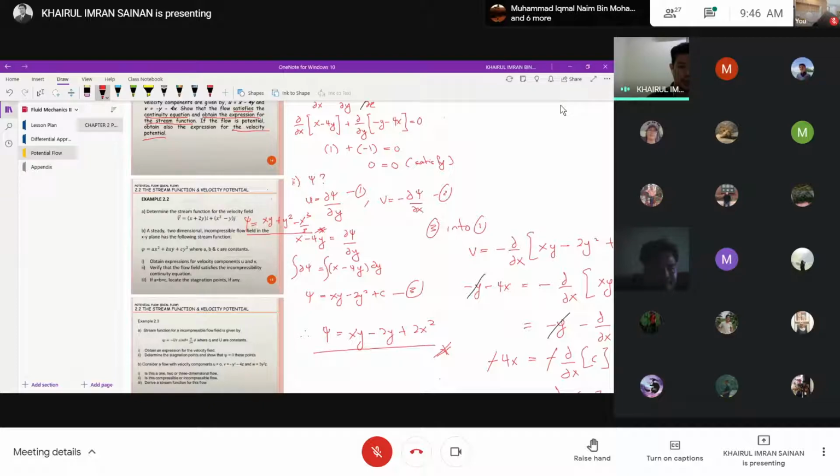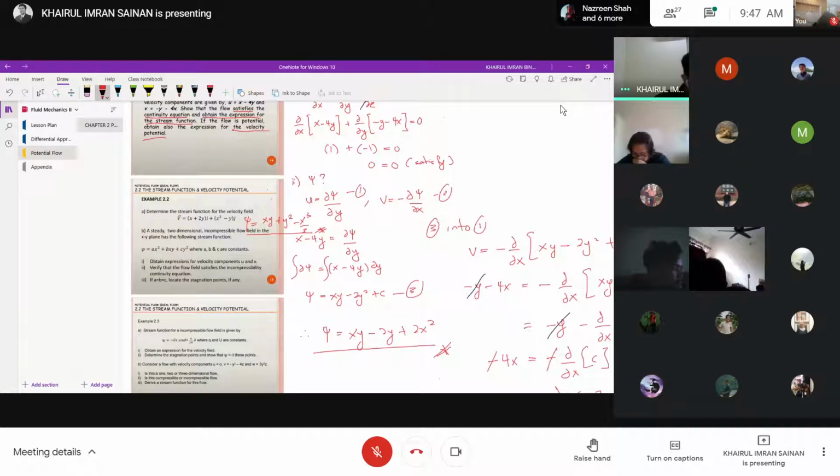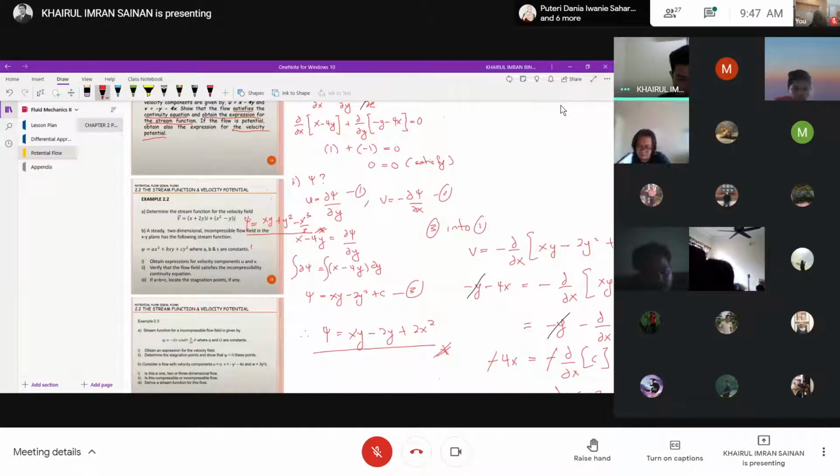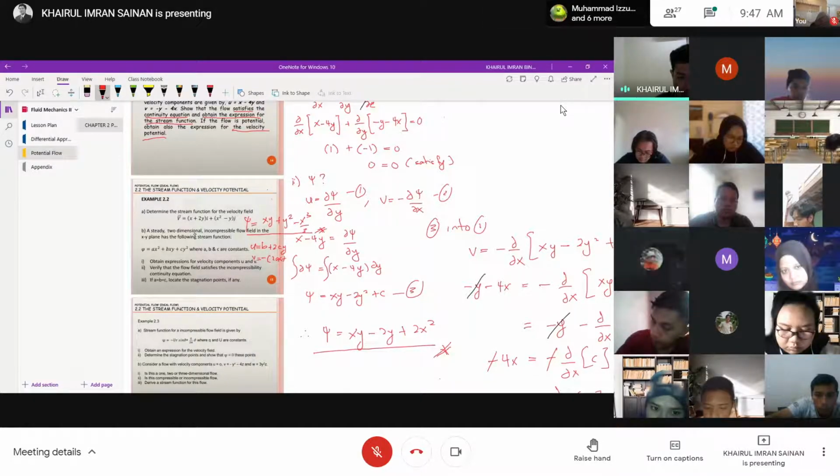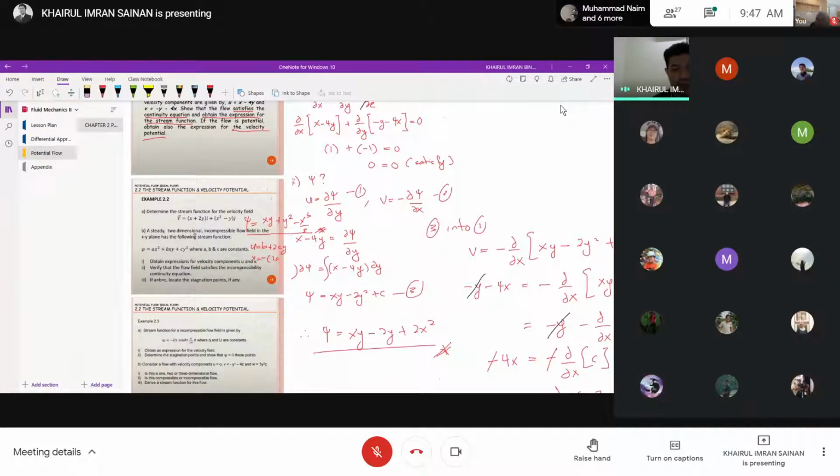And then for B, obtain the expression for component velocity U and V. So U equals to B plus 2CY, and then V is equal to negative 2AX plus BY.